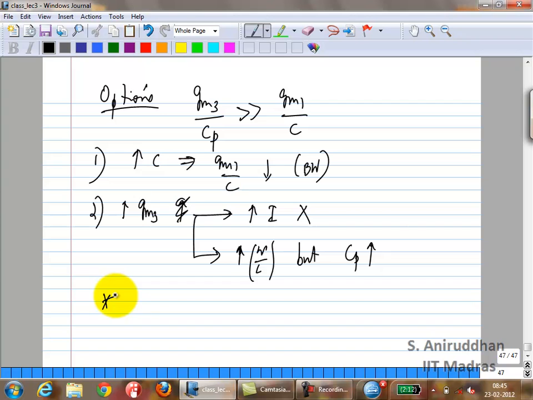The only thing we can do is increase the current and decrease W over L1. By increasing current, you are increasing GM3, but by decreasing W over L of 1, you are keeping GM1 constant. So you are basically moving them apart. Correct? That is the only way to do it.